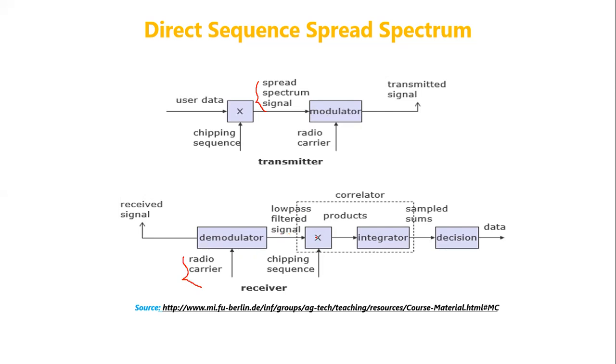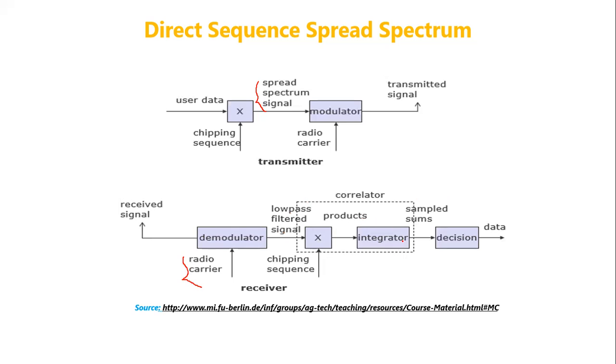The resulting signal is passed through an integrator. Integrator in the sense it adds up all the bits. All the bits will be summed up. So these two units combined together are called a correlator.